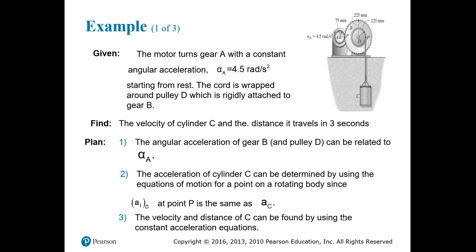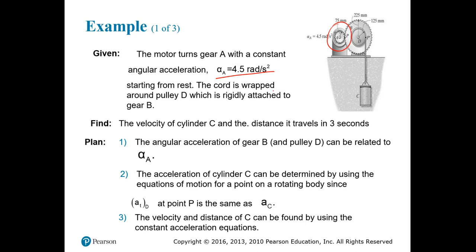All right, let's just put that into numbers. As we see, this particular exercise has a combination of linear motion and the angular motion that we have just studied. The motor turns gear A, as you can see here, with a constant angular acceleration of 4.5 radians per second squared starting from rest.